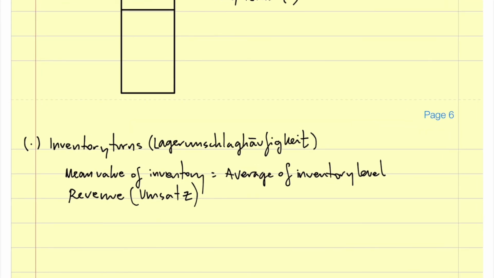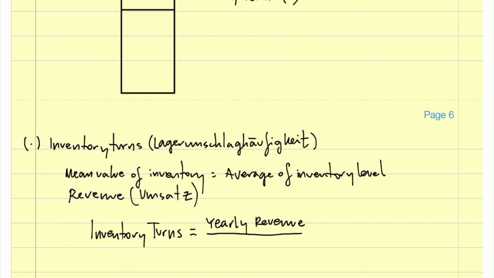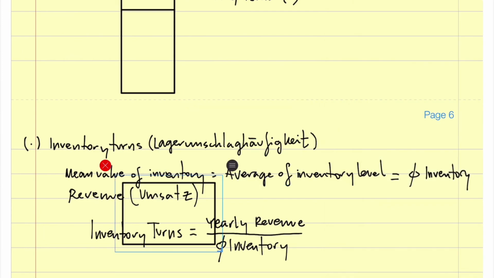Okay, so the inventory turns equals the yearly revenue divided by the average inventory. This is the math. What does it mean?